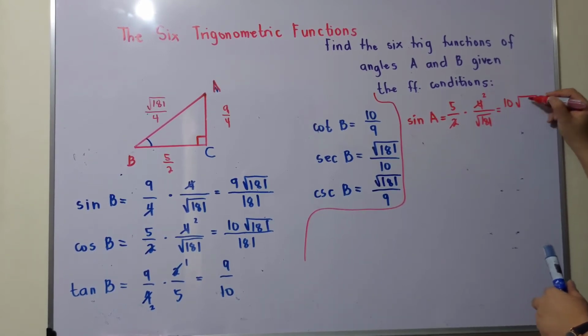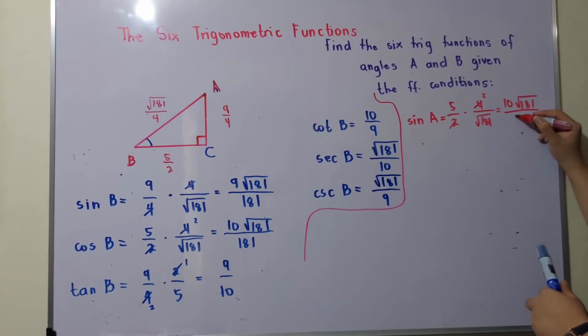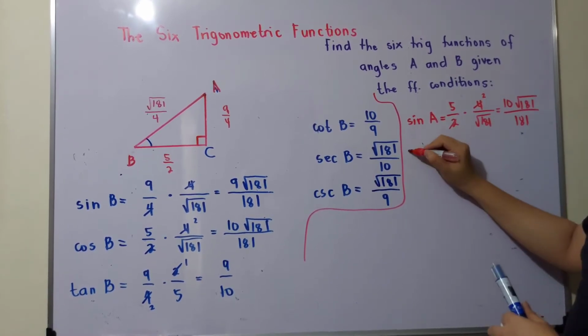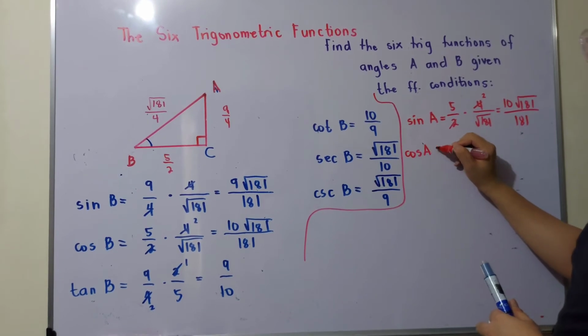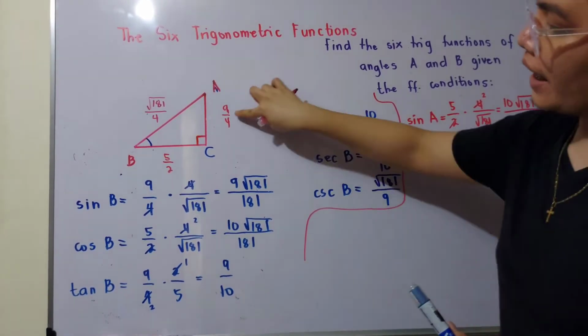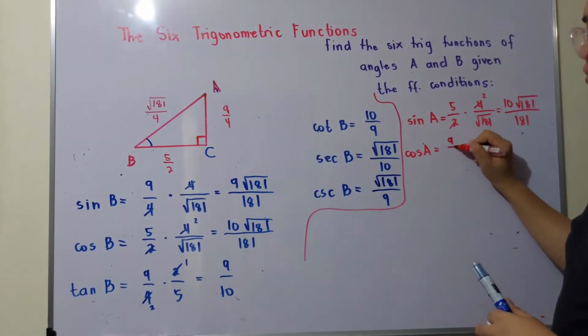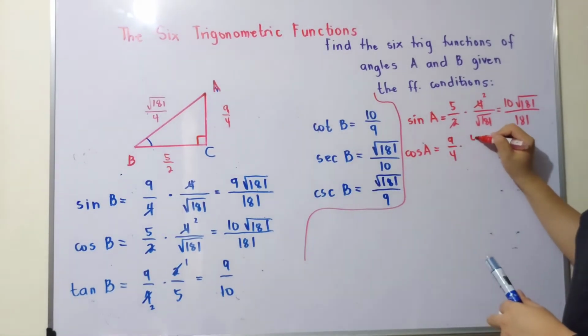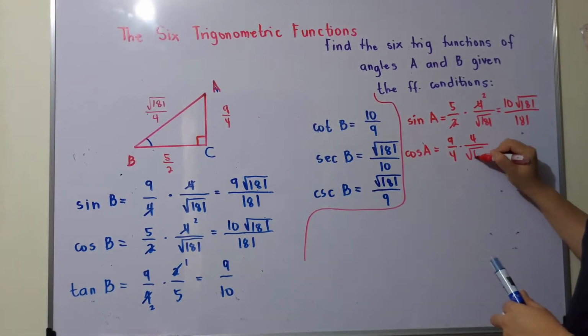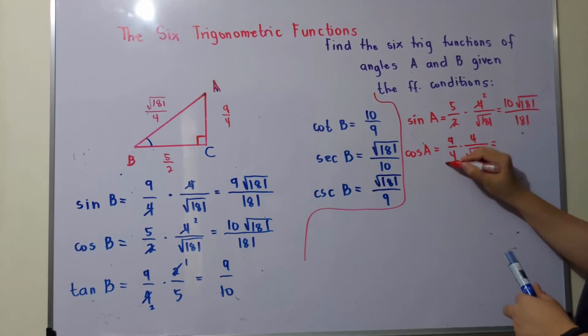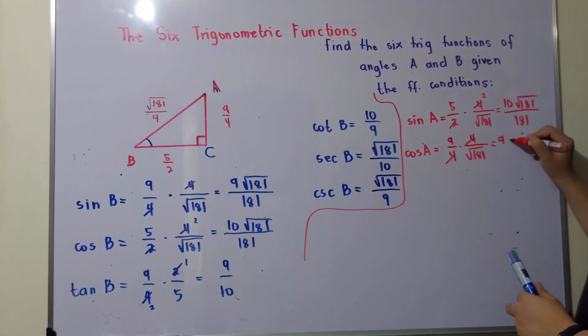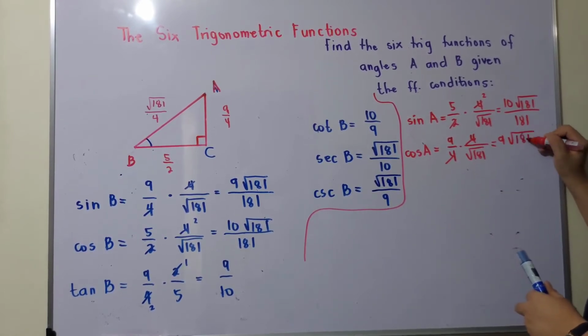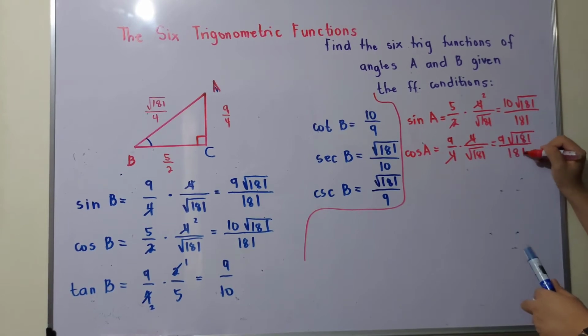Okay, rationalize na rin tayo. Cosine A, adjacent over hypotenuse. Mag-cancel to. So, we have 9 square root of 181 over 181.